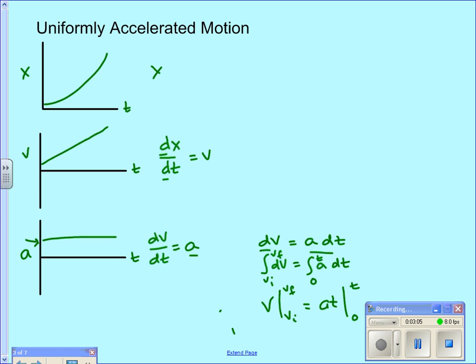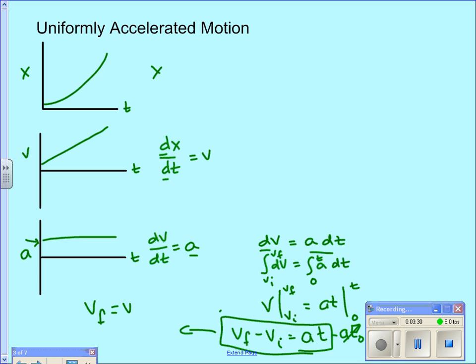If we expand this out, we get vf minus vi equals at. Just to be complete, this would be a t minus a times 0, but since that's 0, it looks simply like that. So that's our first kinematic equation, and sometimes you might see it look like this: vf equals vi plus at.